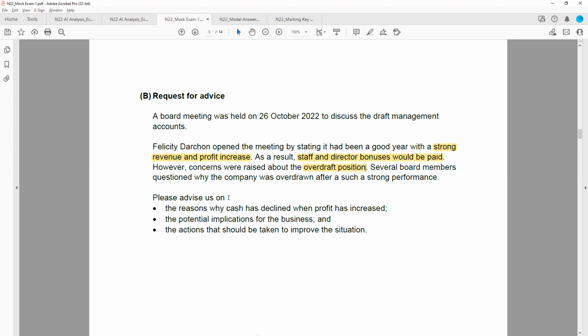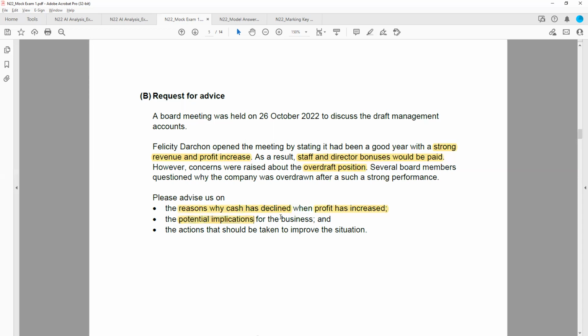Please advise us on... And as always, when you've got little requirements, focus on them really carefully and use this to drive your headings and where to focus in the exam. So: advise us on the reasons why cash has declined when profit has increased. A common question, particularly from non-financial people, they can't quite reconcile how that could happen.